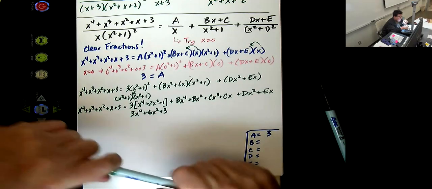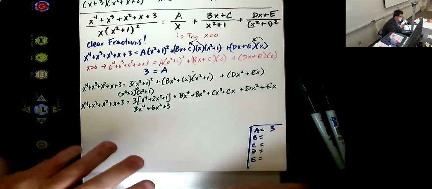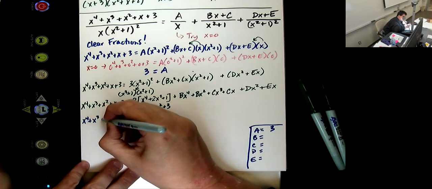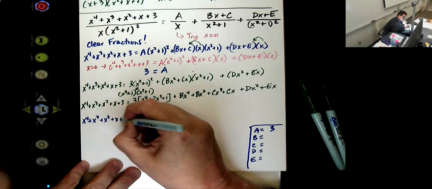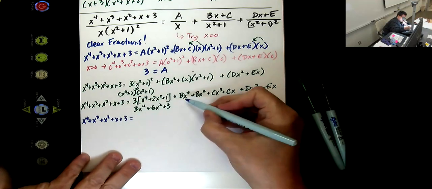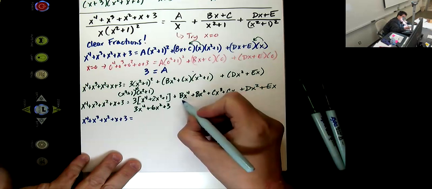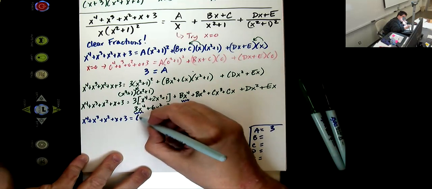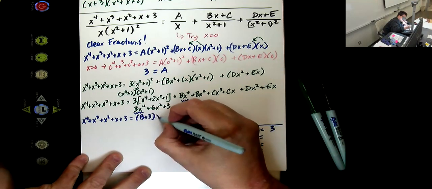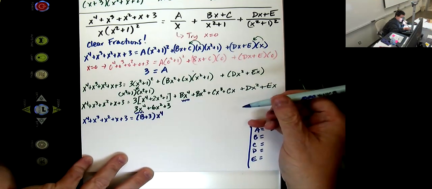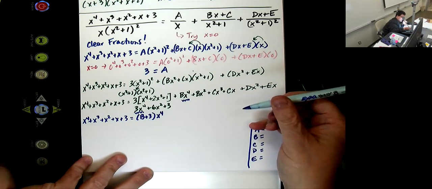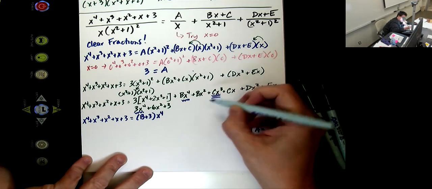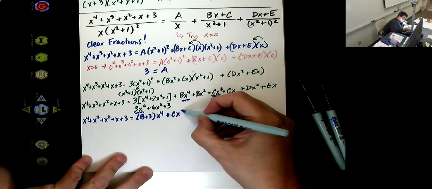Okay, so now we gotta gather the variables. So I've got x to the 4th plus x cubed plus x squared plus x plus 3 on the left. On the right, my x to the 4th term is that and that. So I have b plus 3 times x to the 4th. And then I only got 1 cube, right? Plus cx cubed.